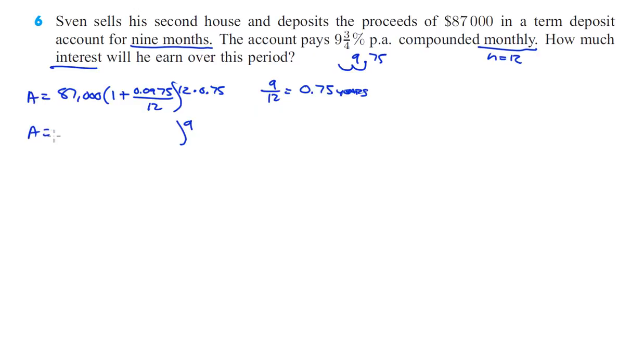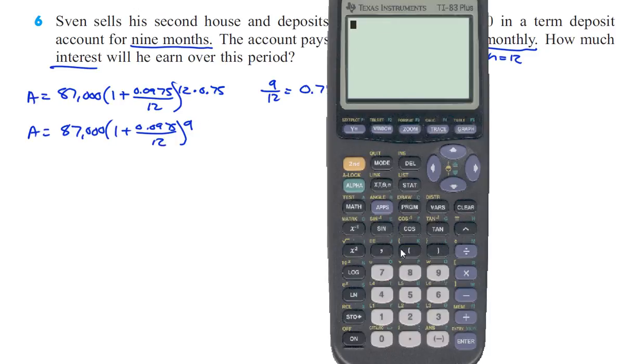So A is going to end up equaling 87,000 times 1 plus 0.0975 over 12, to the 9th power. That's what we're going to want to enter into our calculator. Okay? 87,000 times 1 plus 0.0975.